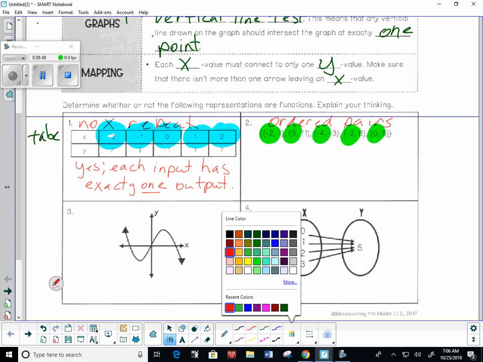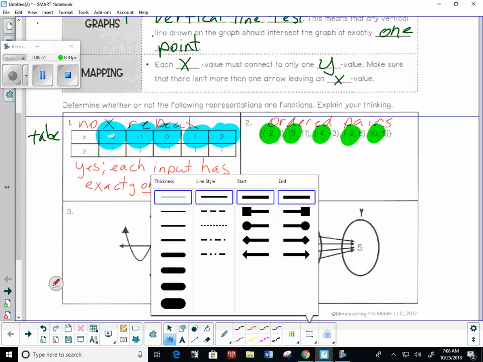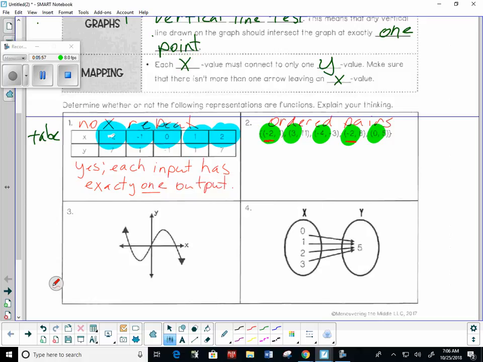The answer is no, we don't see any repeats. Wait a minute, just a second, I'm sorry, I'm wrong. We've got a -2 and we've got a -2, don't we? So the (-2, 1) and (-2, 8), we can highlight these. So is this a function? No, it's not a function.